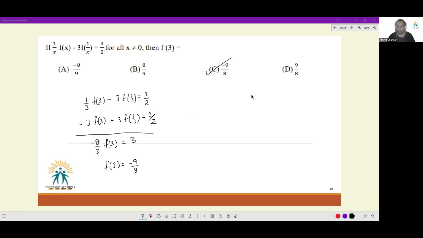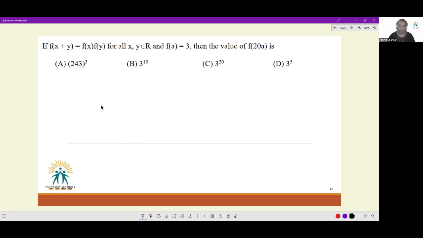Okay, moving on. If f(x plus y) is equal to f(x) into f(y), hopefully we remember this expression because this gets used very often, for all x, y belonging to real numbers, and f(a) is equal to 3, find the value of f(20a).